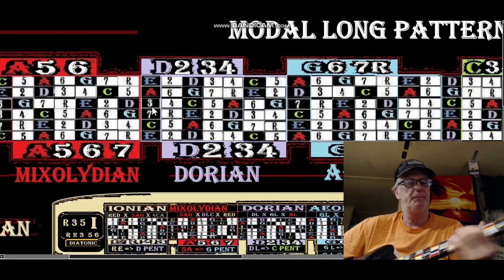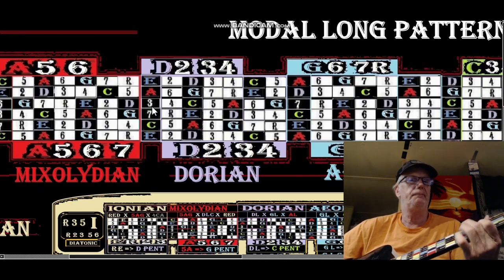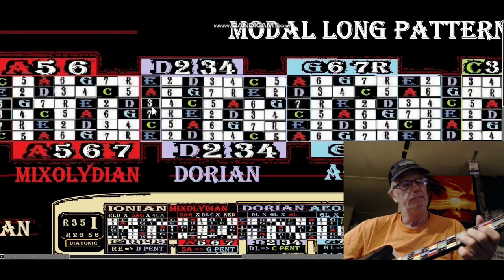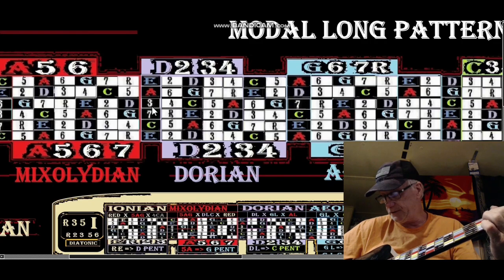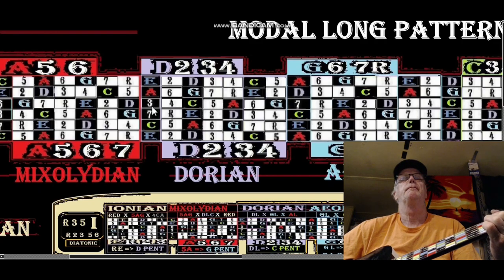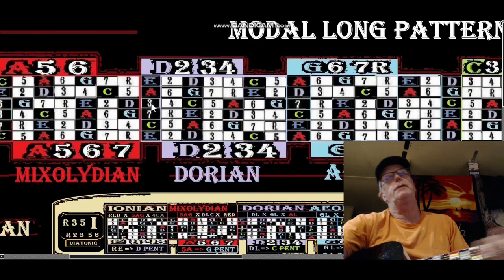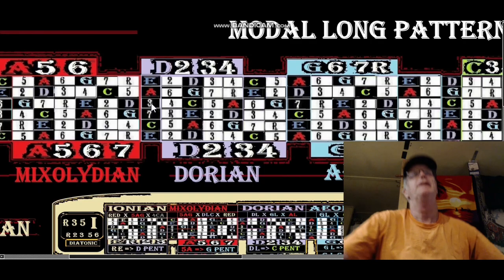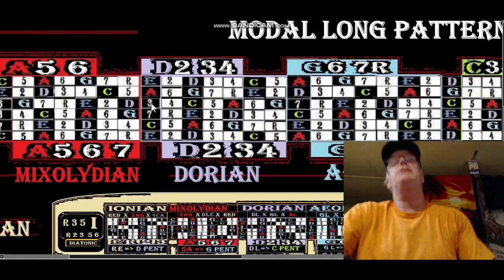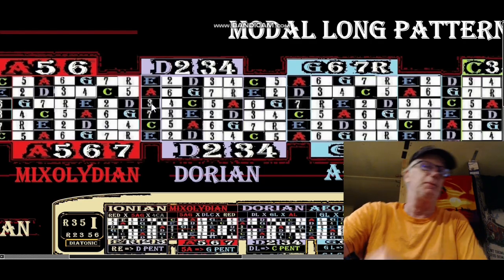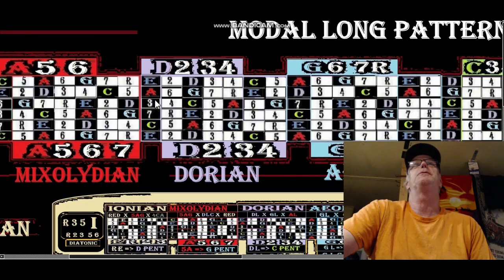So D, G, A. See, here's our 3/7. Because it's not an augmented fourth, it has to be an augmented fourth to be a blues fourth.